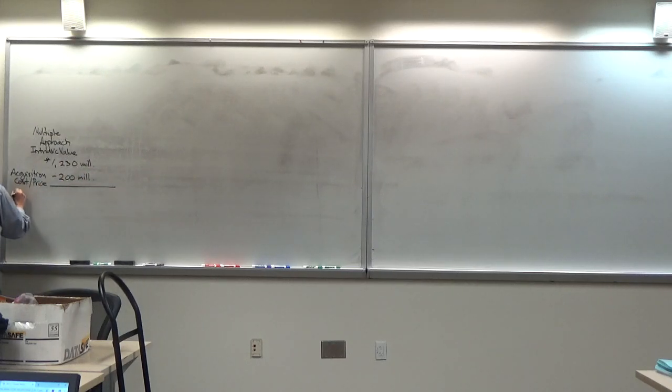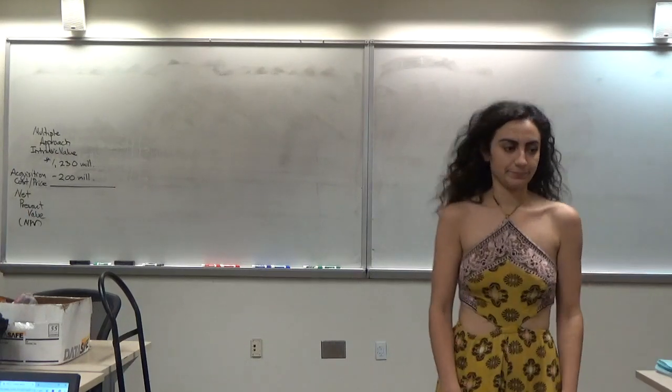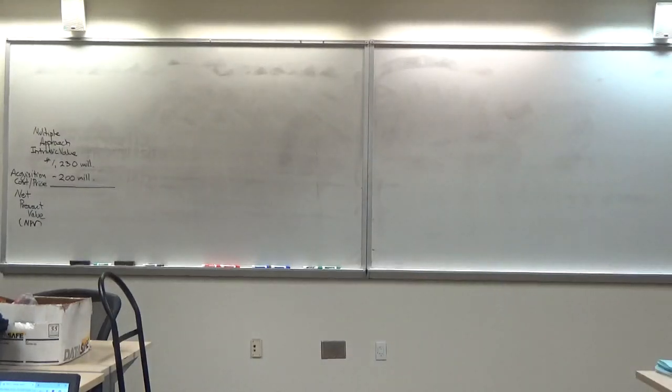Got it. And what is my net present value? What's my NPV? It's pretty easy, isn't it? 1230 minus 200. 12 minus 2 gives you what?